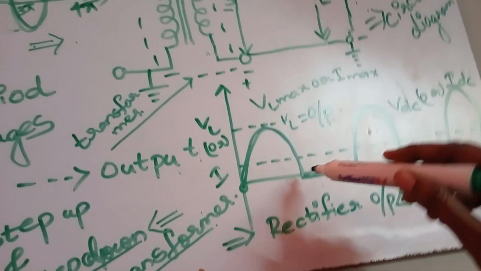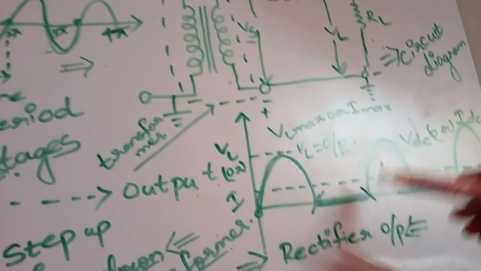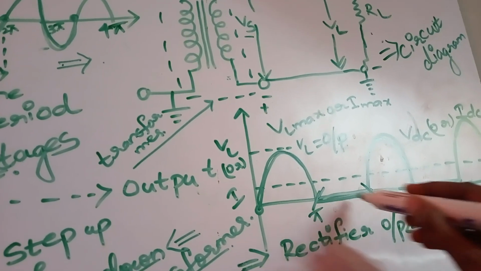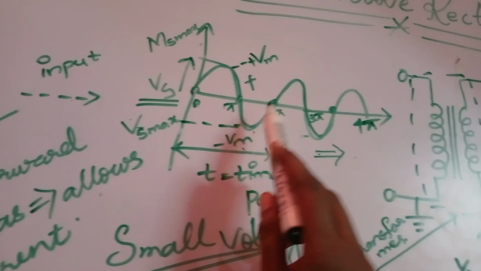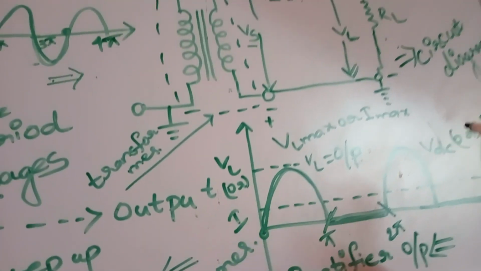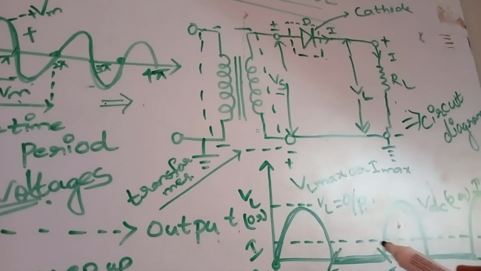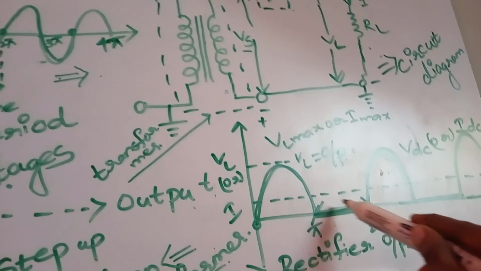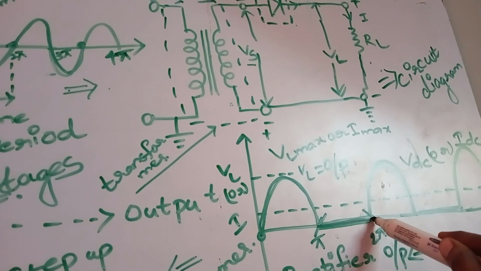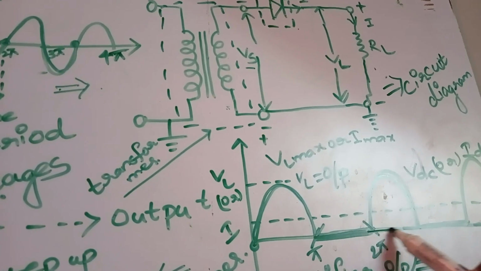But during the negative half cycle, from pi to 2 pi, see here the input is from pi to 2 pi. The conduction will not take place, means the diode will not allow any current. So that's why the output of the half wave rectifier is 0.